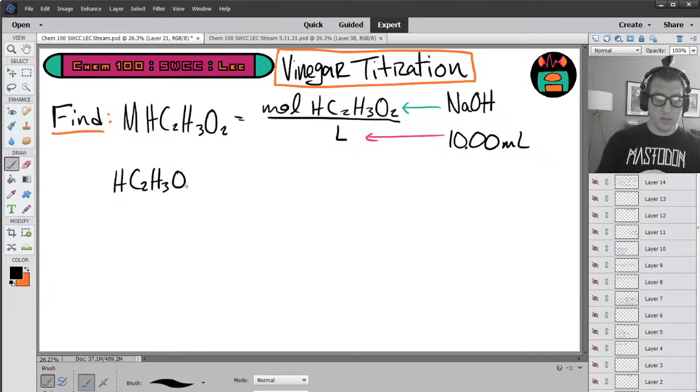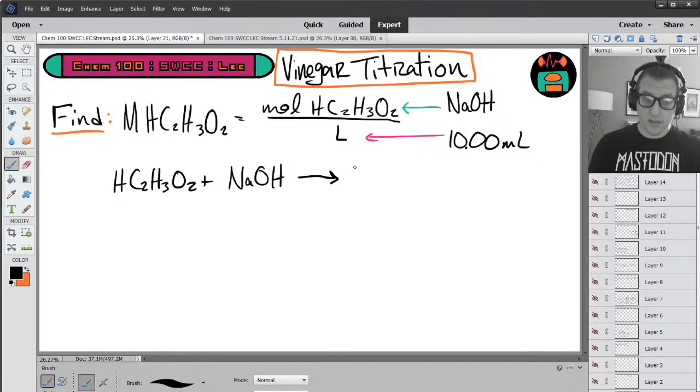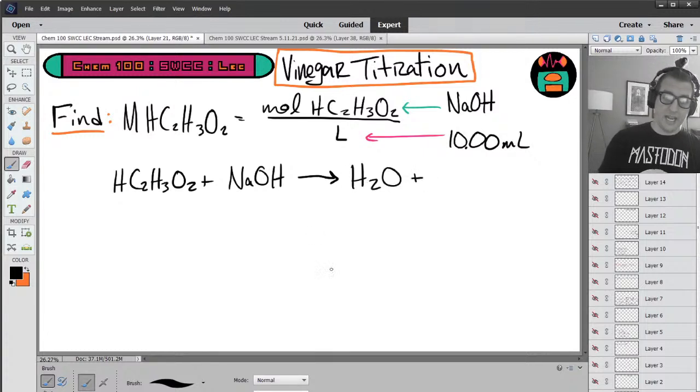So acetic acid reacts with sodium hydroxide. This is a neutralization reaction. So our products are going to be water, and the ion from our metal hydroxide is sodium, +1 charge. The anion is acetate, one of our polyatomic ions, which has a charge of -1.